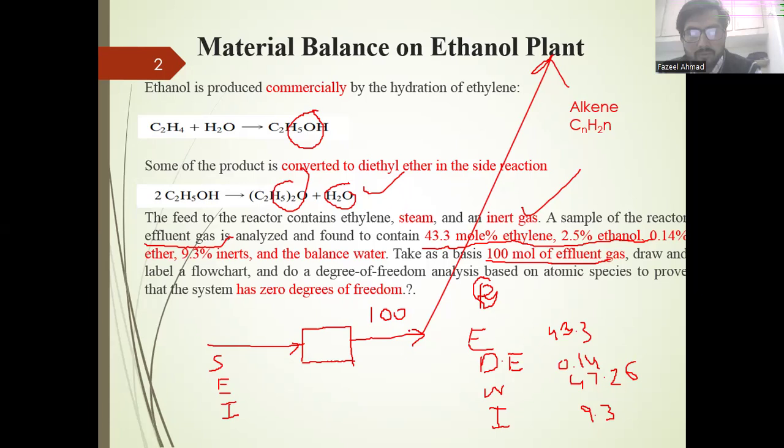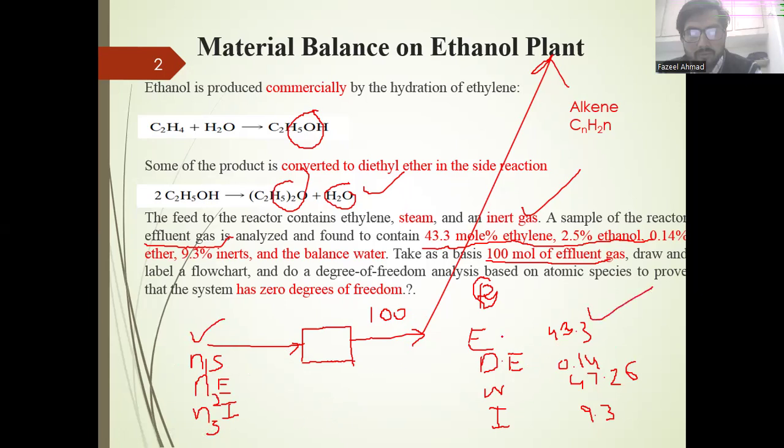When the basis of calculation is given, we can easily calculate all the molar compositions of the product gases. So N1 is the moles of water, N2 is the moles of ethylene, and N3 is the moles of inert. These three are unknowns, and all the other compositions are known.